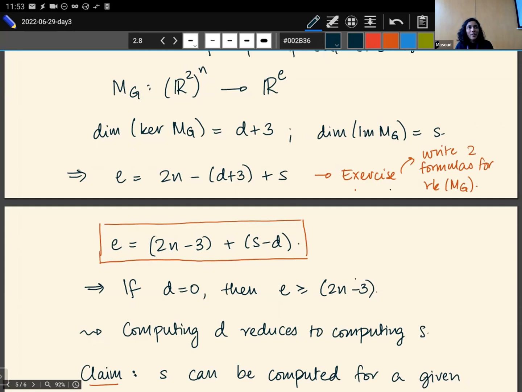I don't know if I have a better answer than that, but if you have one Maxwell lifting that keeps each face planar, and then another one that still keeps each face planar, you have to convince yourself that if you add them, you still get a lift that keeps each face planar. It's probably more clear when you actually try to prove the whole thing, but at the moment I don't have a better answer than to imagine it. But you can write down some linear equations and then it becomes clear.